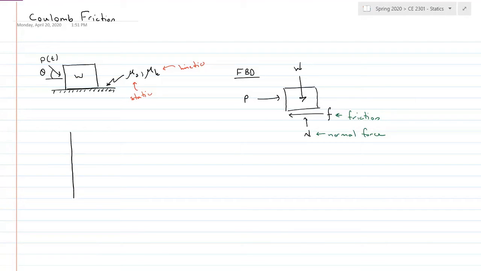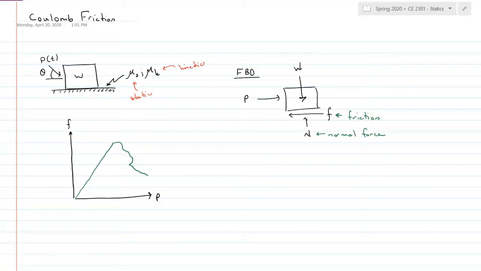Okay. Now friction is going to have different values depending on what's going on. So if I plot my force, P, and my friction, it's going to have a 1-to-1 linear relationship until it reaches this maximum value. And then it gets all bumpy and jumpy and it scoots and acts all weird once it starts moving.